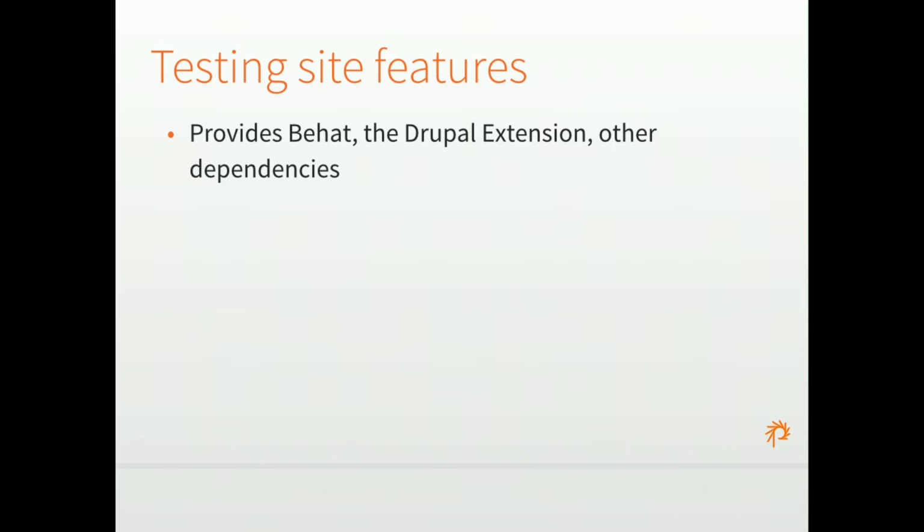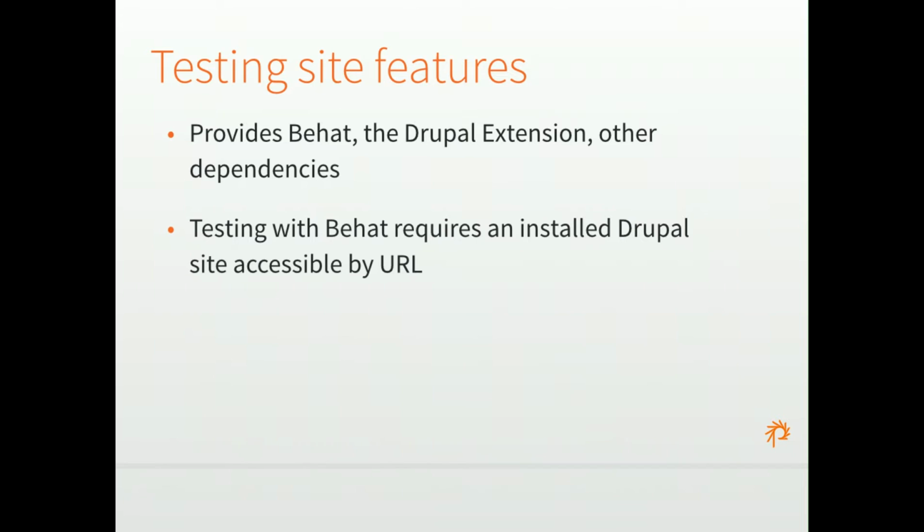I mean, the starting skeleton gives you files that'll help pull down Behat and configure it. But one note is that using Behat requires an installed Drupal site that's accessible by URL. So it can't just run off a code base. You need to have a site that has a URL that can be hit, and is installed, meaning has a database.